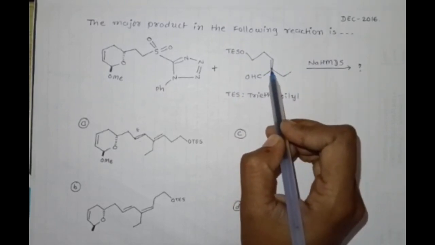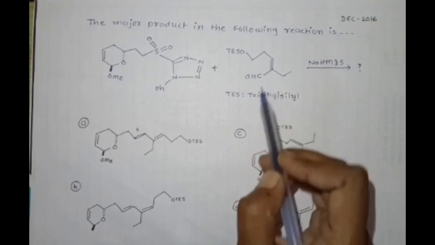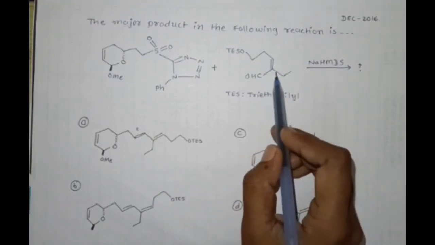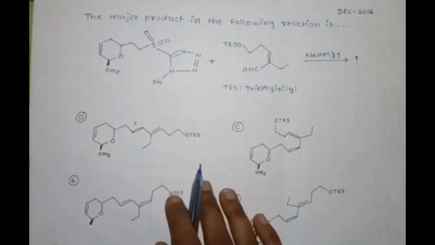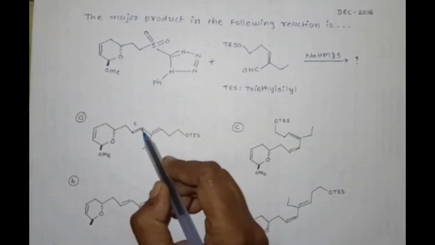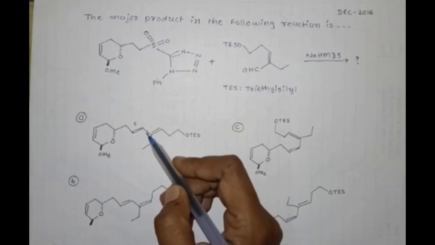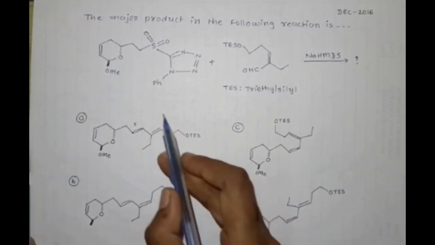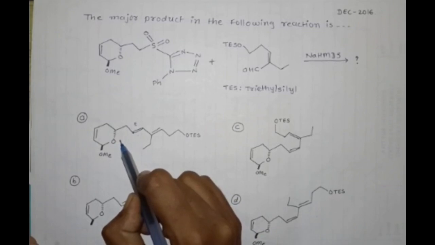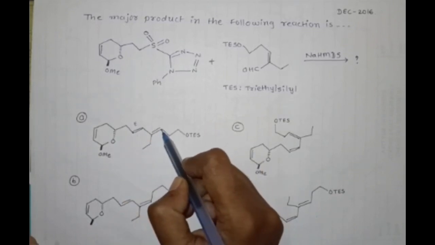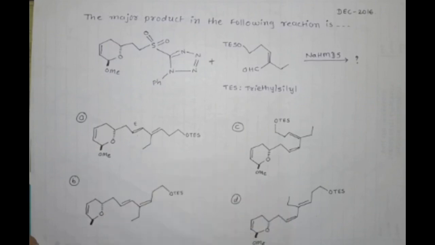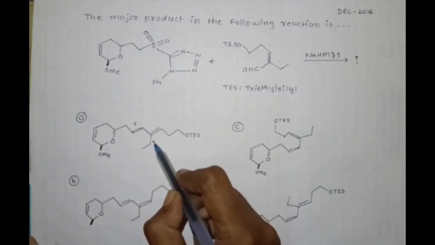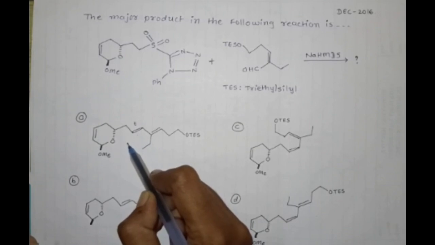This is actually E form. So we have to find E form of this starting material and our new alkene carbon carbon bond in our product. So if we see this option here, both of these are in cis position, so this can't be possible.